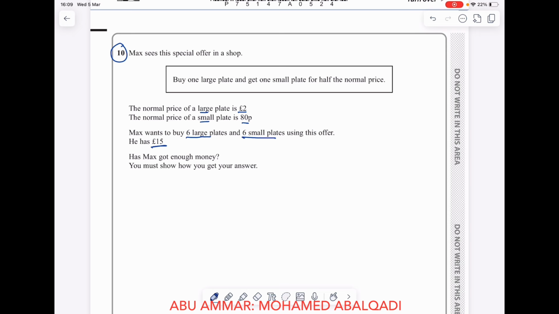So let us show our answers. Max wants to buy 6 large plates and he wants to buy 6 small plates. So the price for 6 large plates, the normal price, one plate is £2. So 6 plates will be £2 times 6, which will be £12. So once he buys 6 large plates, he will get 6 small plates at half the normal price.